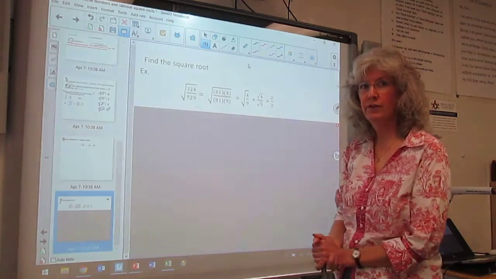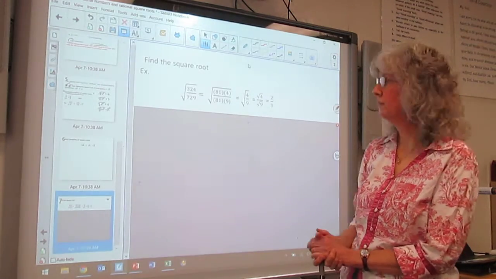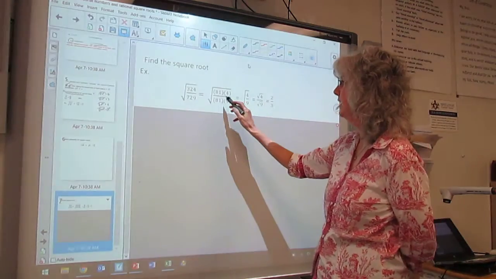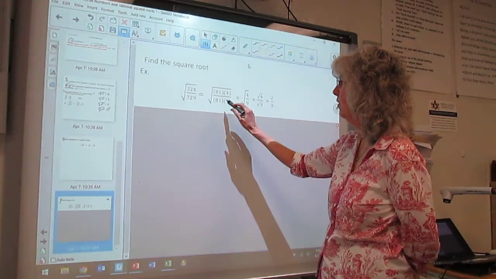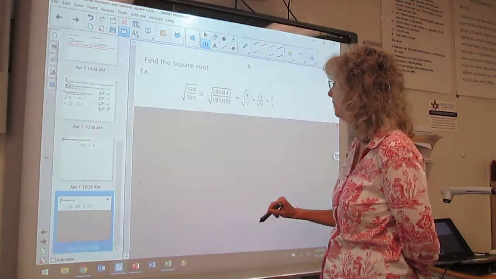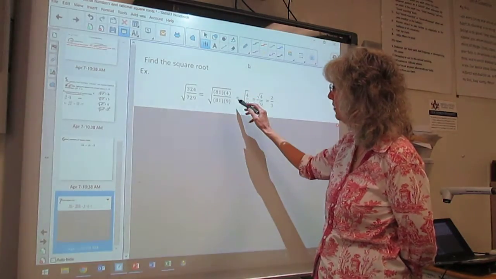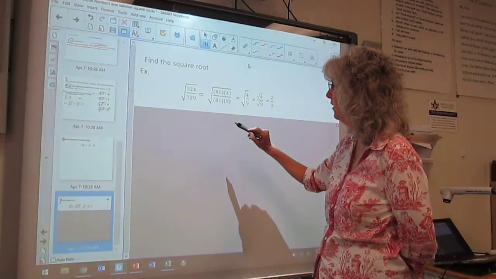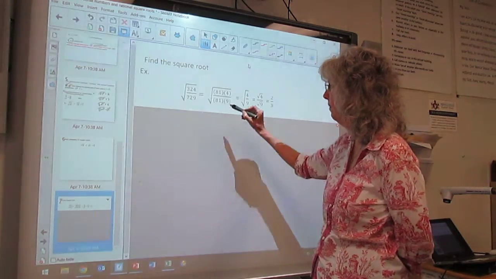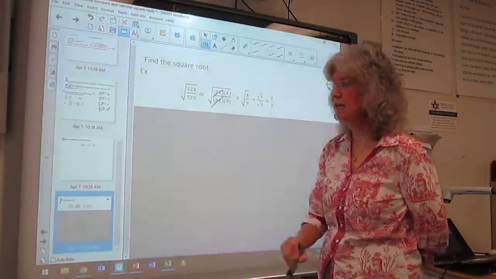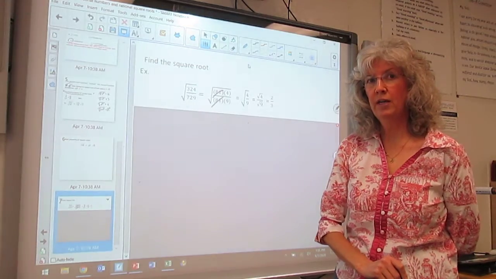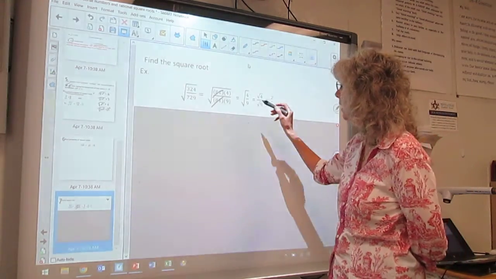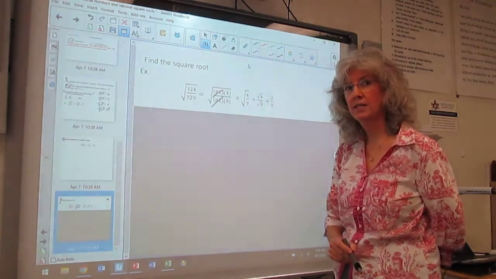Let's factor 324 and see if we can find a perfect square. Yes, there's an 81 in 324 and there's an 81 in 729. So if we factor them into 4 times 81 in the numerator, 9 times 81 in the denominator, we can cancel out those 81s. 81 over 81 is 1. And we're left with the square root of 4/9.